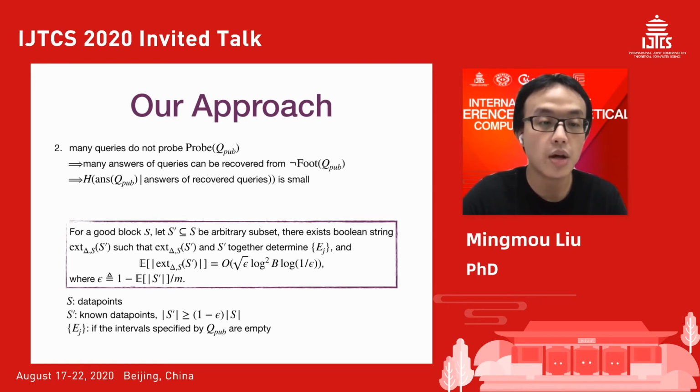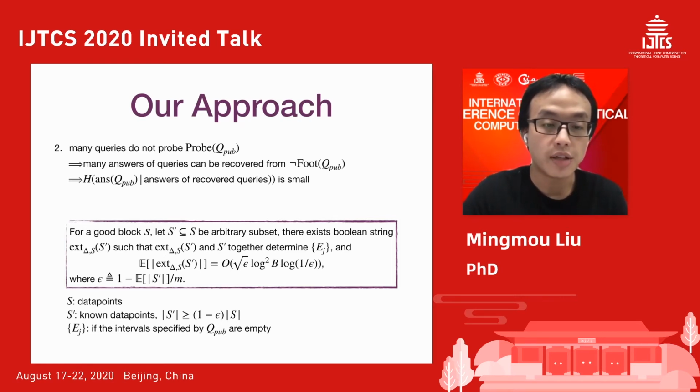Recall that we choose the queries on all input data points as the hard queries. If there are many hard queries which do not probe the cells probed by QPub, we can recover many data points from the cells which are not probed by QPub.